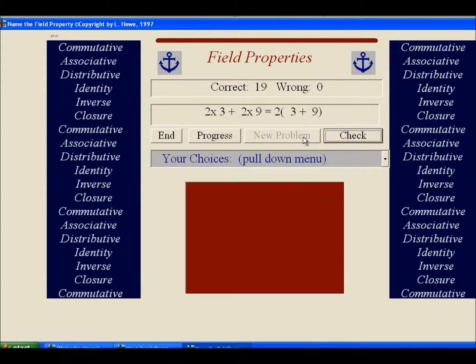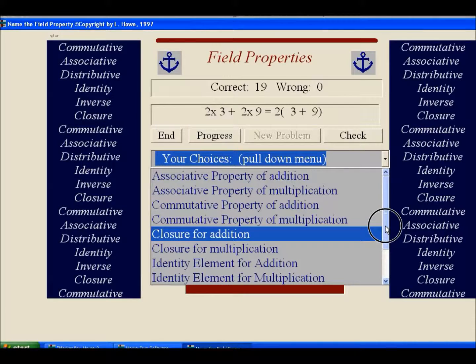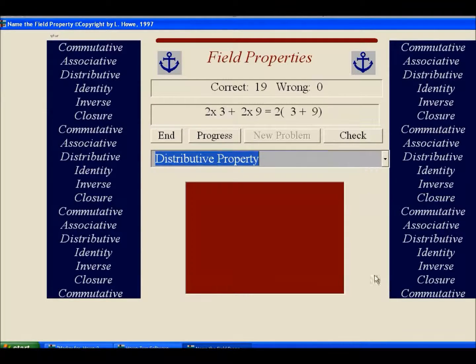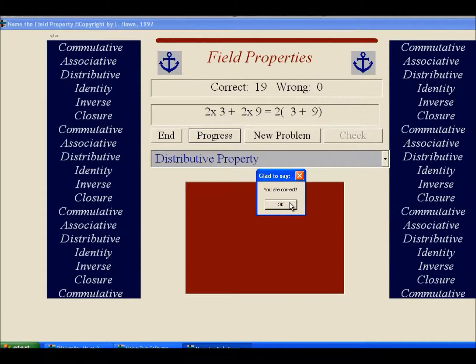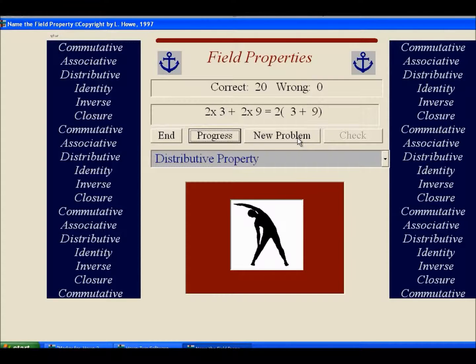New problem. This is 2 times 3 plus 2 times 9 is the same as 2 times 3 plus 9. See how the 2 is distributed? This is the distributive property of multiplication over addition. Now we're up to 20.